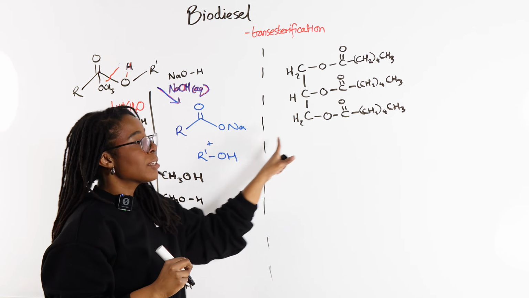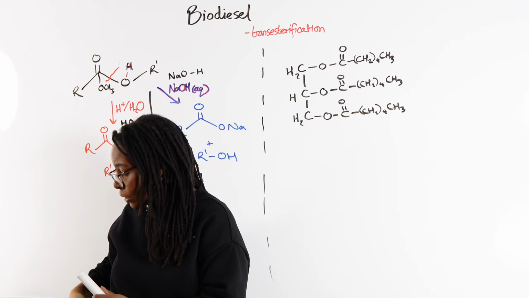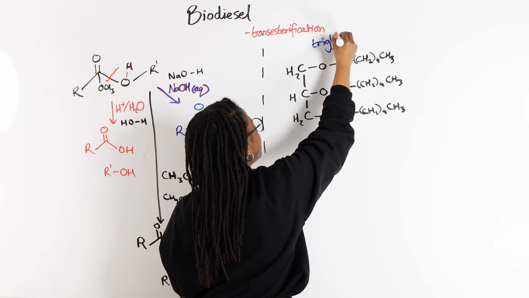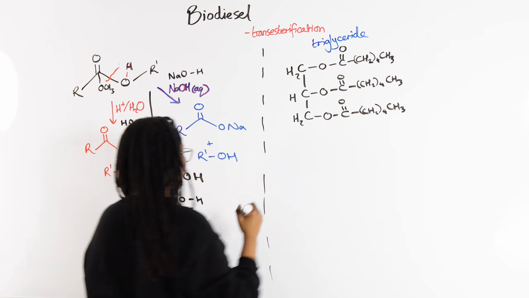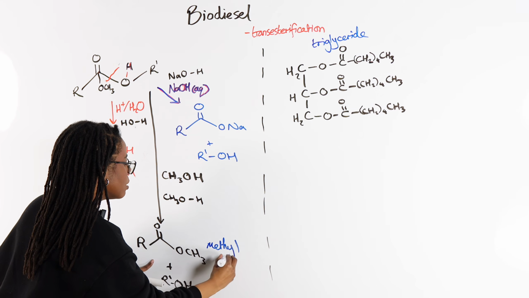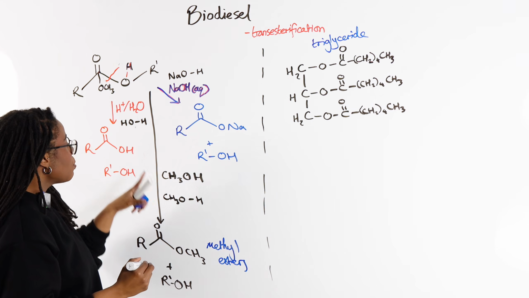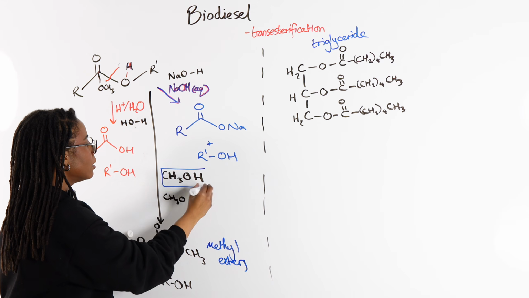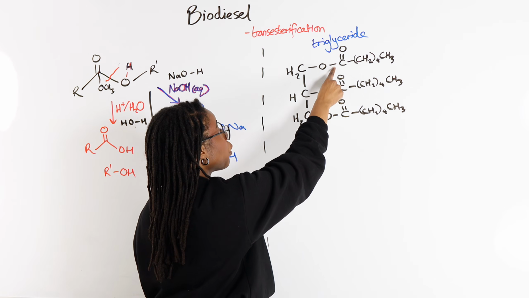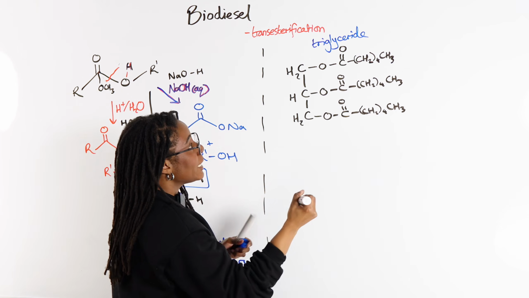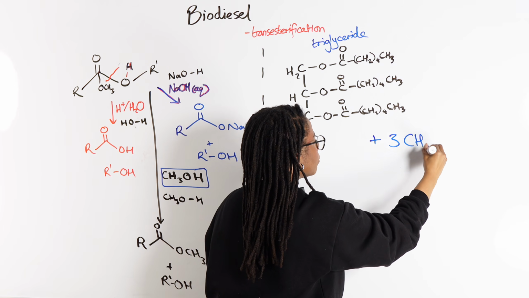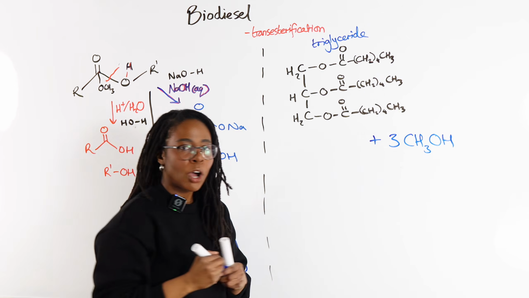Now to turn our triglyceride into biodiesel, which is our mixture of methyl esters, then just as before, we're going to need to add methanol. Because in this triglyceride we've got 3 ester groups, we are going to need to add 3 moles of methanol, CH3OH.